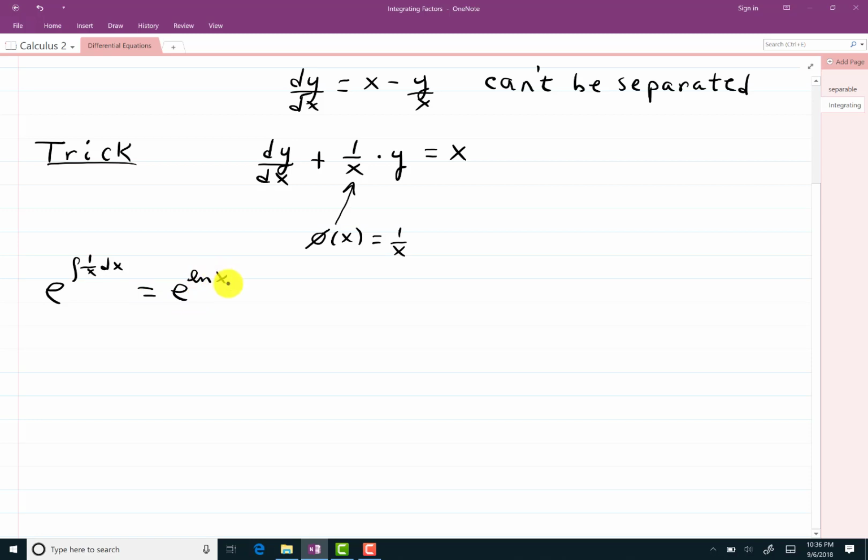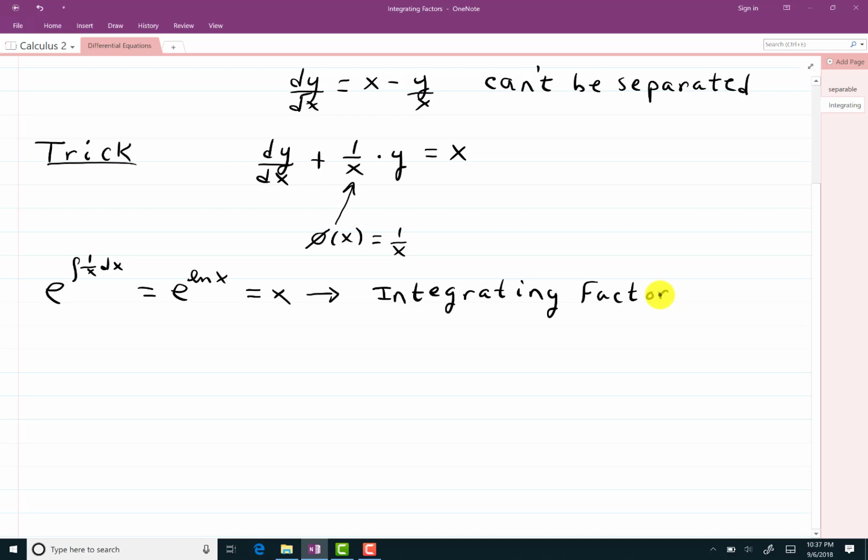But to solve this equation, I just need any old antiderivative, and one of them is just ln of x without the absolute value. It will make life simpler when I actually do this computation. Well, this simplifies to x. So this thing right here is referred to as an integrating factor. It's going to help us integrate when we need to.